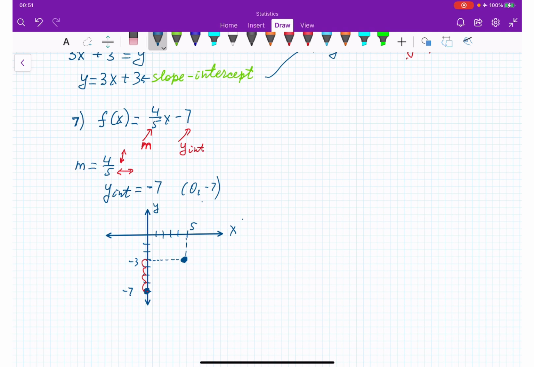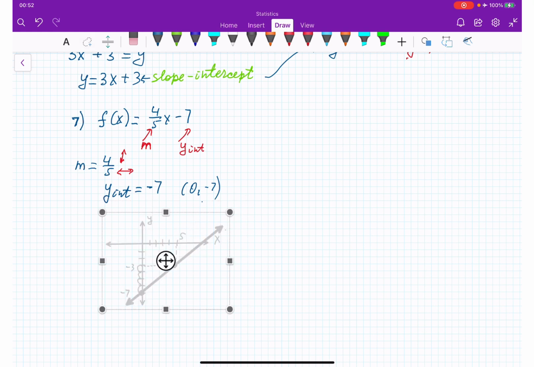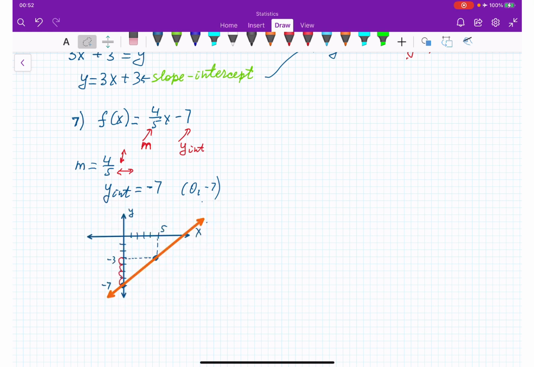And the graph is going to go through these 2 points. Let me change the color so you can see. This is our graph. Okay? There we go. Question number 8.